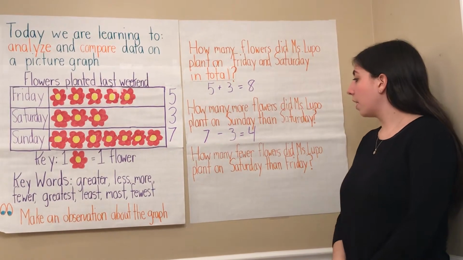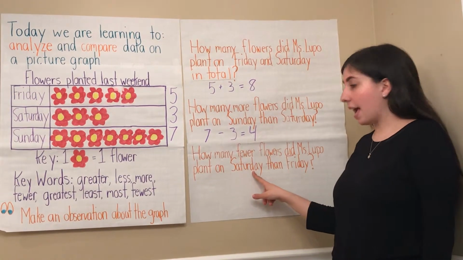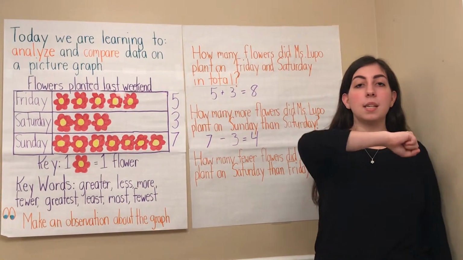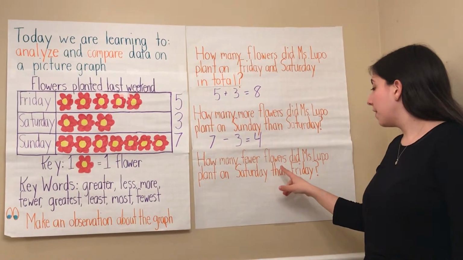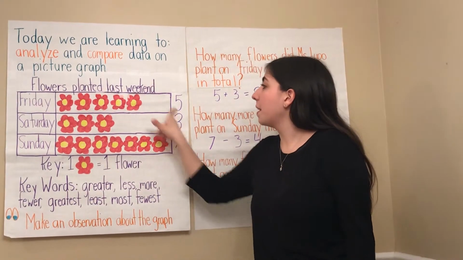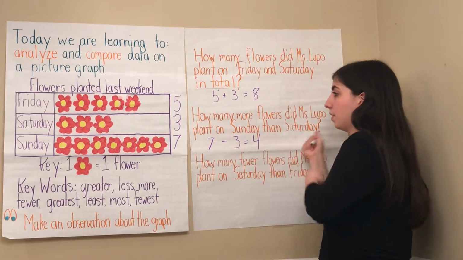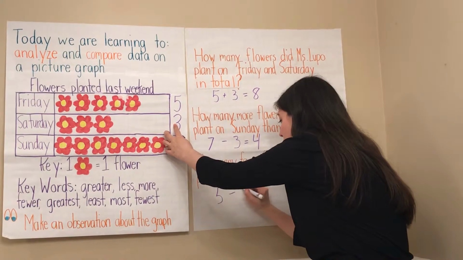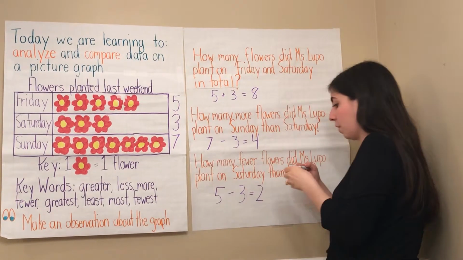How many fewer flowers did Miss Lupo plant on Saturday than Friday? How many fewer is another subtraction phrase. This means that I have to subtract the number that she planted on Saturday from the number that she planted on Friday. 5 minus 3 equals 2.